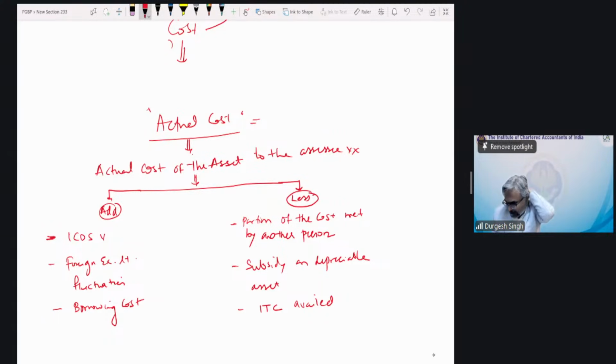That is it, students. So the subsidy is also an ICDS, the tangible asset ICDS number 5, forex again ICDS, borrowing cost again ICDS.